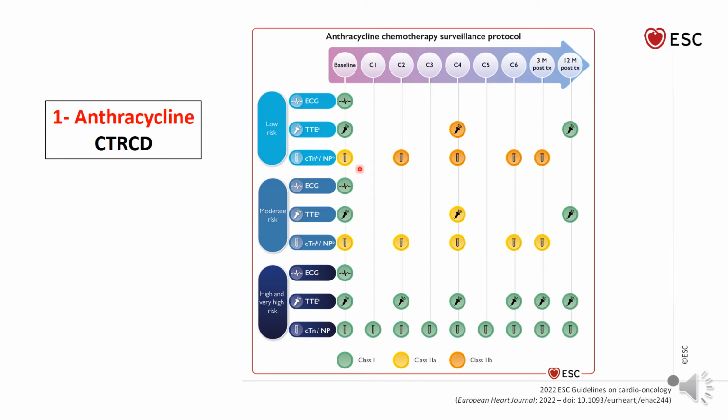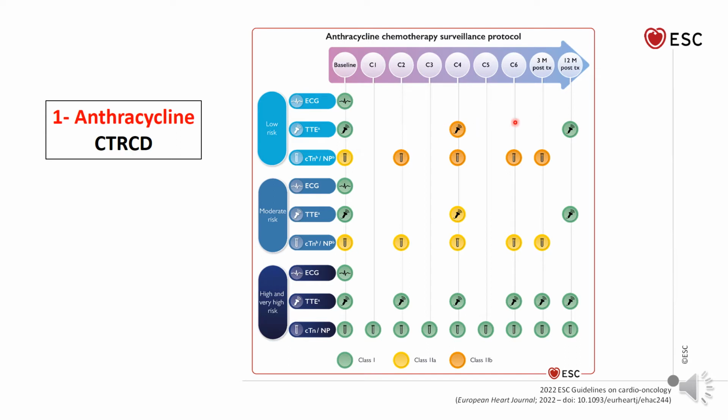As we can appreciate here, the surveillance frequency depends, as we said before, on the baseline risk of the patient. So for a patient with high risk or very high risk, cardiac biomarkers are sampled before each cycle, and echo every other cycle. The frequency becomes wider in moderate and low risk patients.